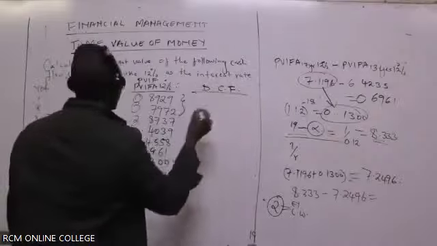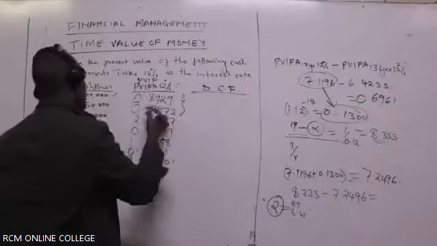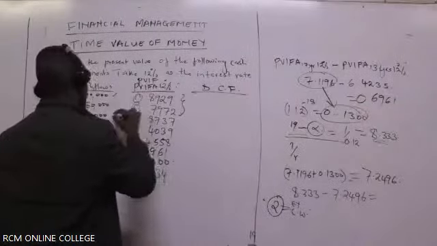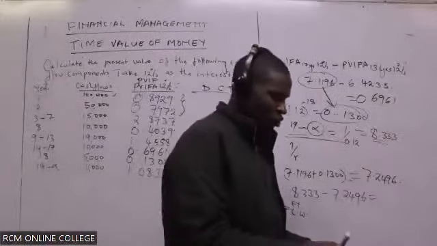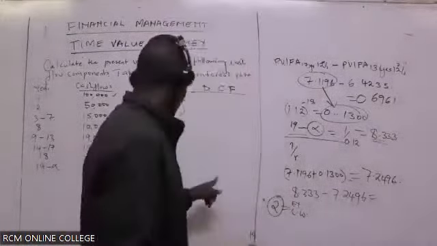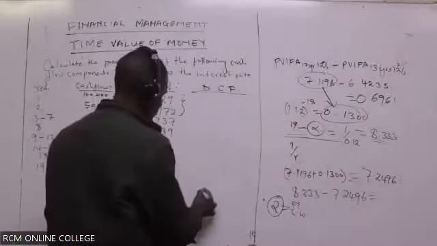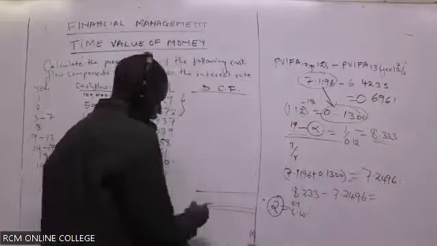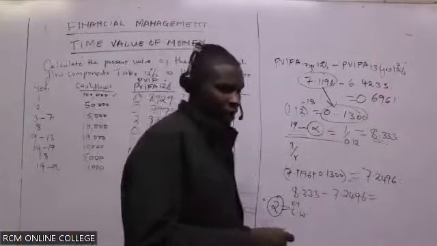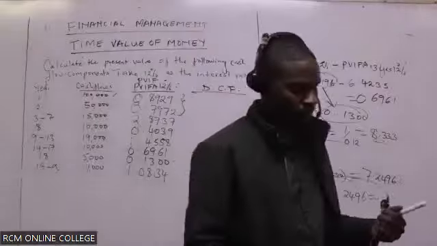Now for this one, I'm testing and looking who will be the first one to give us the total present value here. Now you know how to do this. You can go ahead and compute that.